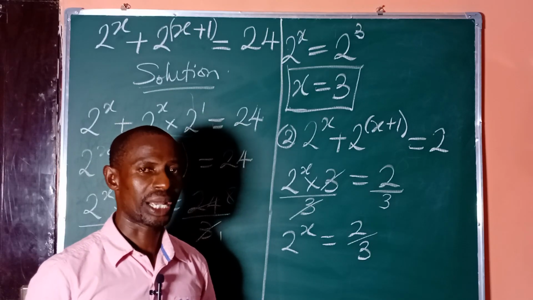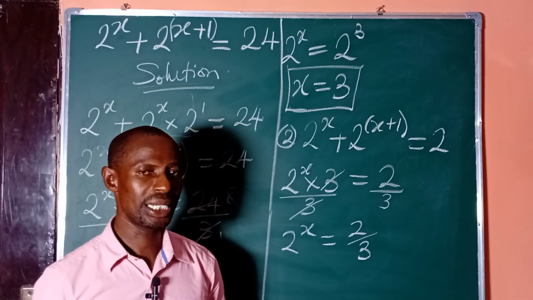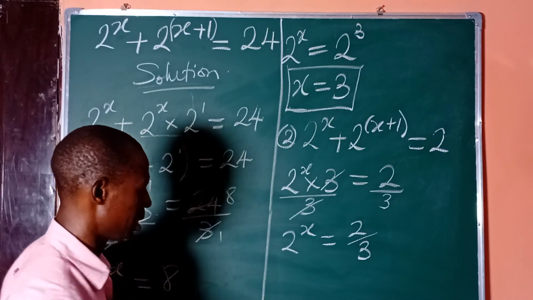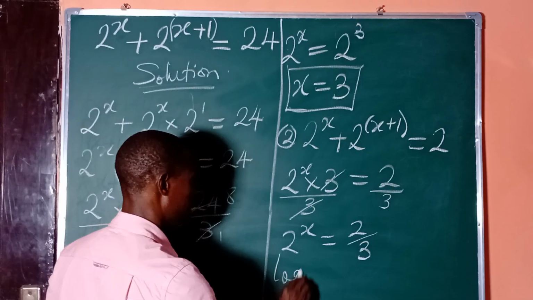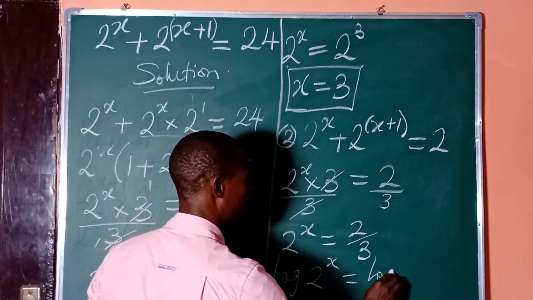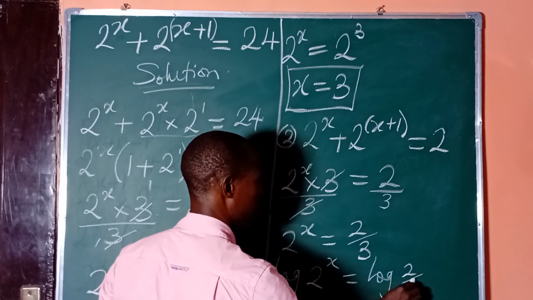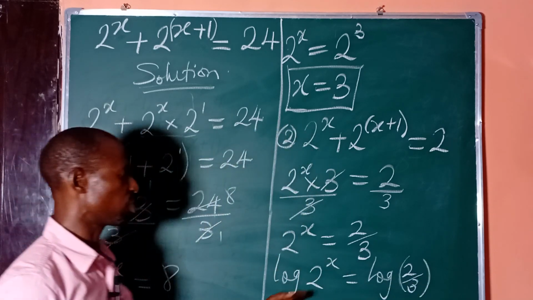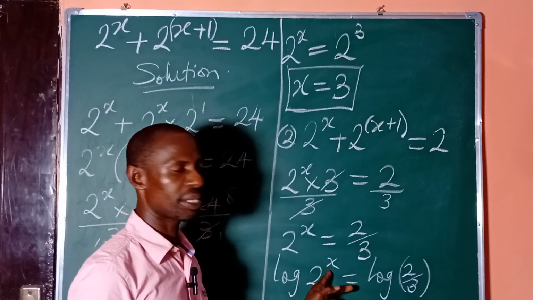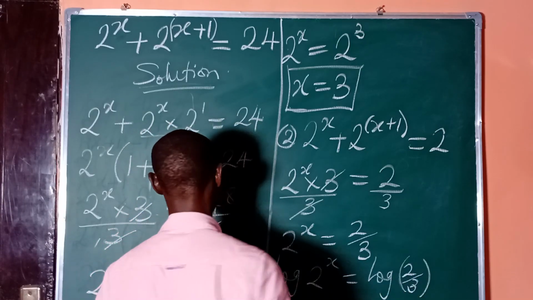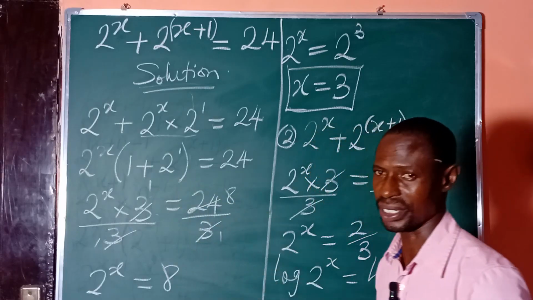We can take either ln, base e, or log base 10. If we take log base 10, this gives us the log of 2 to the x equal to the log of 2 over 3, in brackets. Here we're going to apply the power law of logarithms, and here the division law of logarithms. Let's continue on this side and see what this gives us.